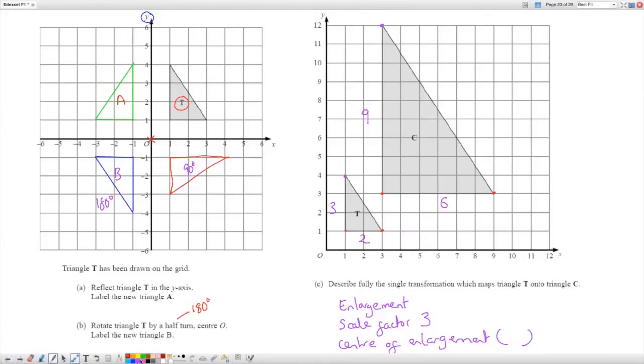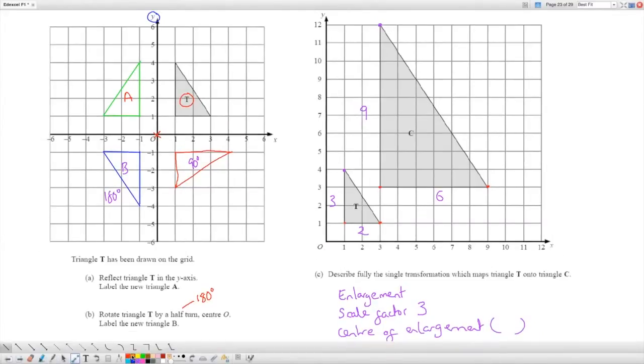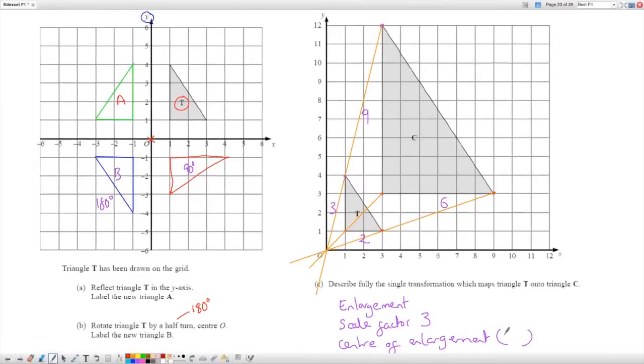So taking your ruler, you're going to draw the lines backwards until they meet. So this one with this one, overextend all the way through the axis, here and here. And just for good measure, check with the last one. And you can see that the centre, where all the points are converging, meeting, is here. So that our coordinate here is 0, 0.